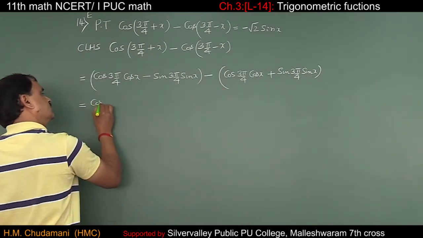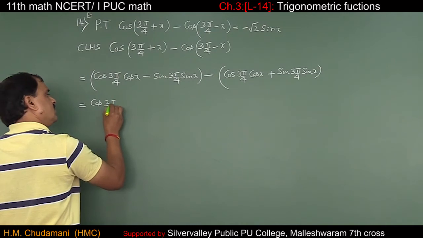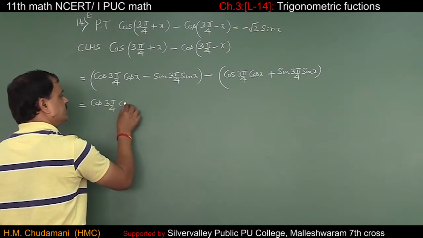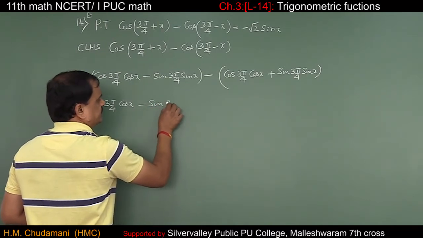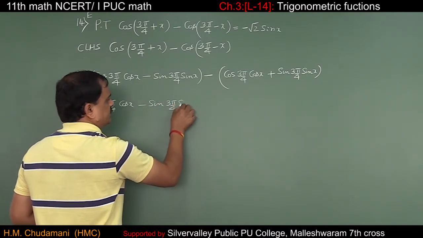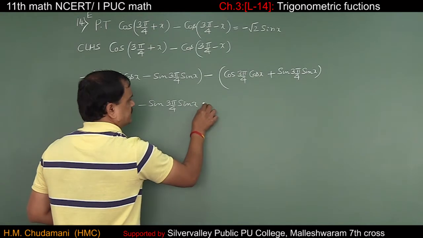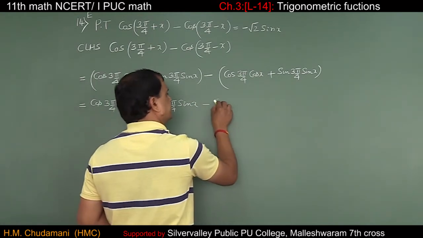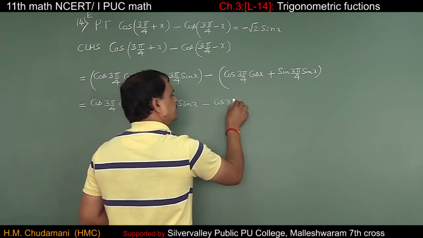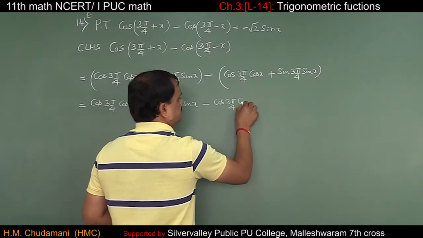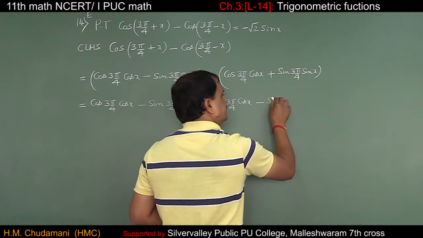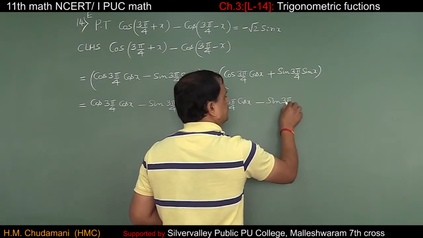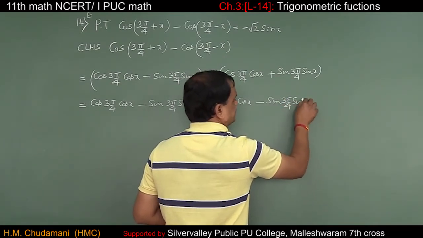This is equal to cos of 3 pi by 4 into cos x minus sin 3 pi by 4 into sin x, minus of these two, means minus cos of 3 pi by 4 into cos x minus sin of 3 pi by 4 into sin x.